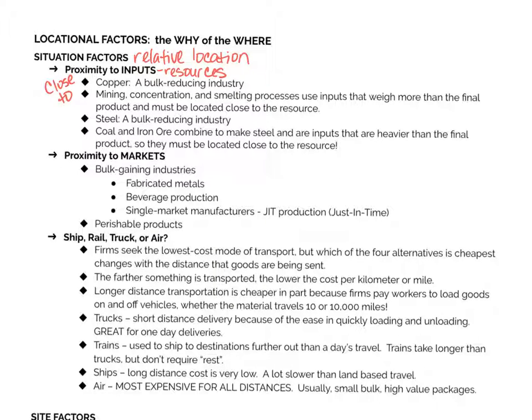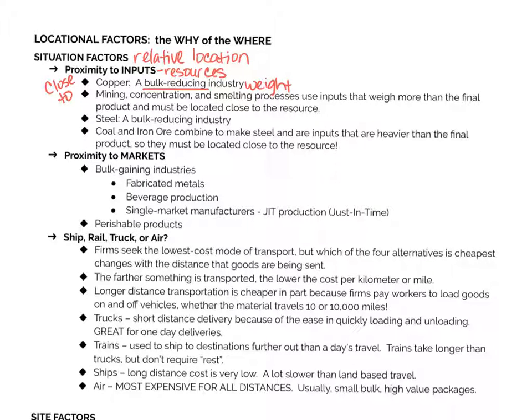Now, some businesses don't need to be close to their resources, but some do. If they do need to be close to their resources, meaning proximity to inputs, it's because they are a bulk reducing industry. Well, let's break that down. What's bulk? Big. The amount. Yeah, that's kind of close. Weight.